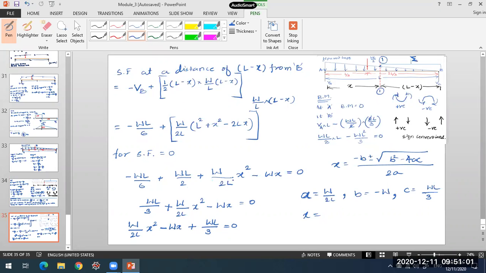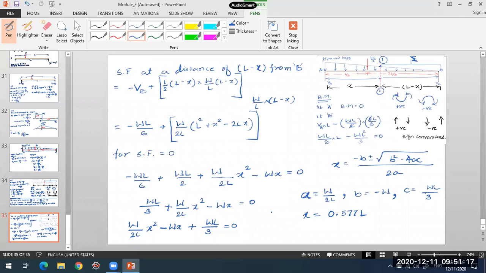So if you simplify that, you'll get x as 0.577 times L. Okay, this is the point where shear force will be 0.